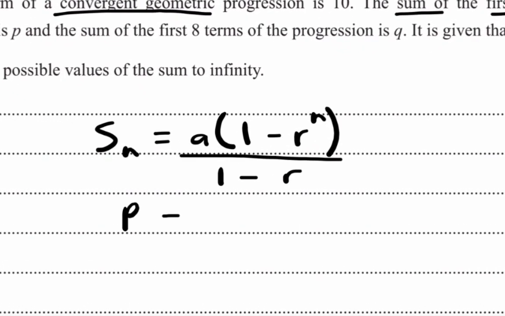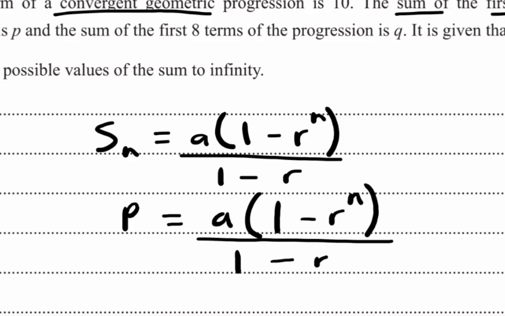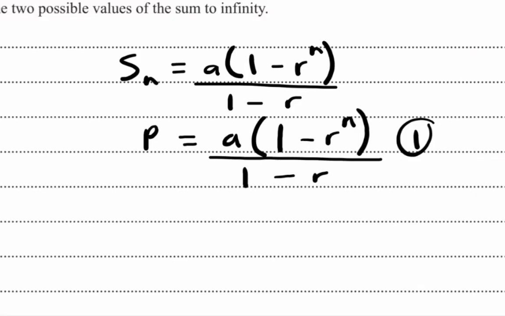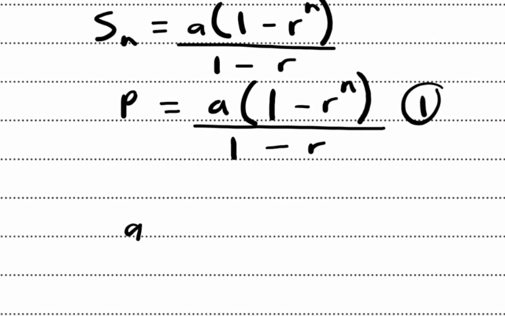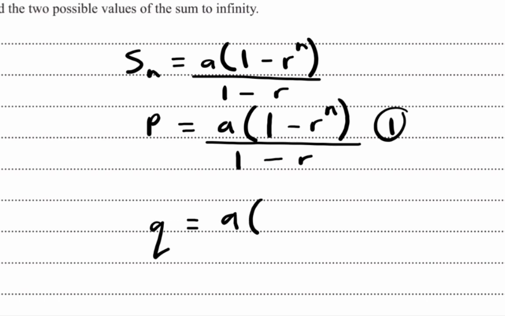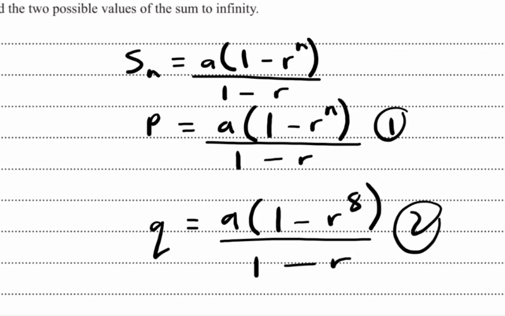So p is equal to a, bracket 1 minus r to the power 4, over 1 minus r. And the sum of the first 8 terms of the progression is q. So q is a, bracket 1 minus r to the power 8, over 1 minus r. And this is our second equation.